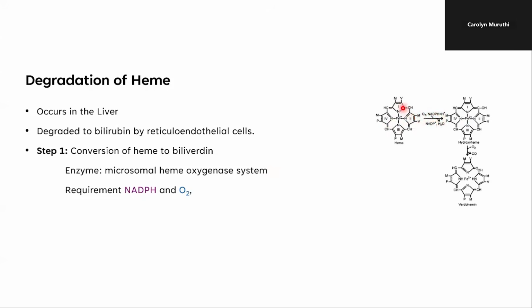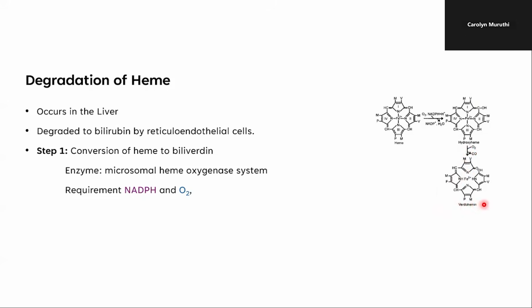Here it specifically hydroxylates the alpha-methene bridge, and this will produce hydroxyheme. The hydroxylated bridge, that is the alpha, undergoes further oxidation, forming verdoheme. And this involves insertion of an oxygen molecule into the bridge, releasing 1 molecule of carbon monoxide.